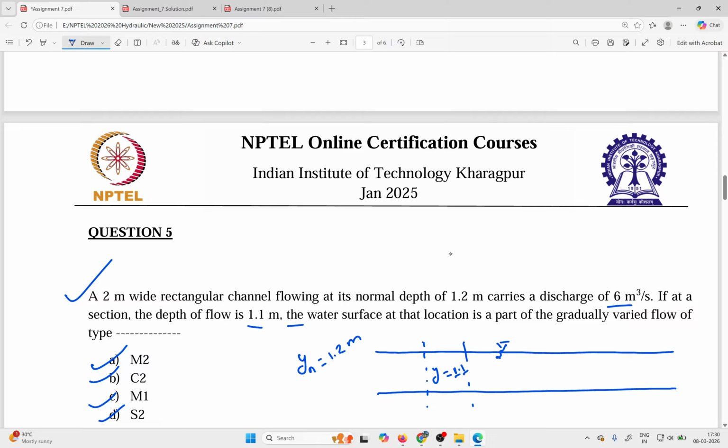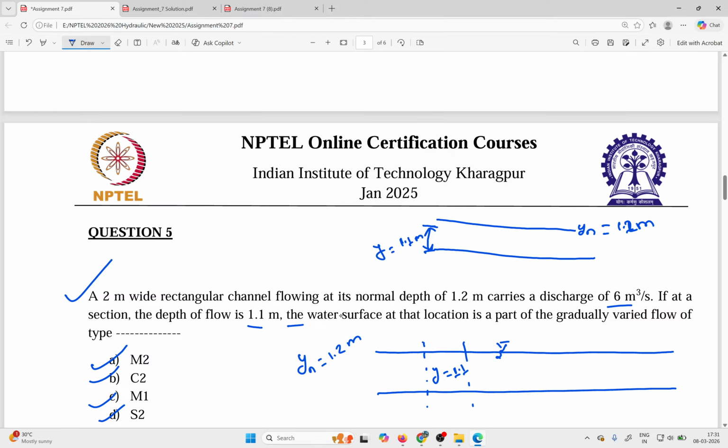Let us suppose you have the bed profile, and this is your normal depth yn, which is equal to 1.2 meter. Now at a particular section your depth of flow is 1.1 meter.